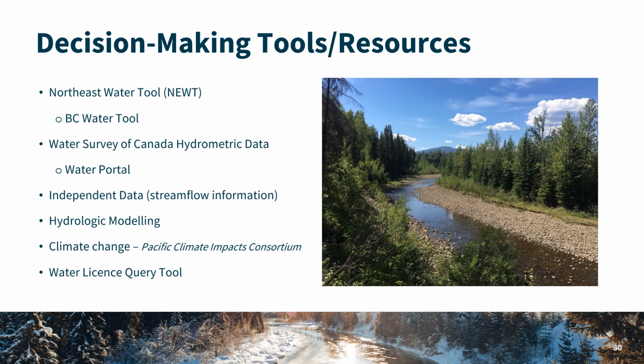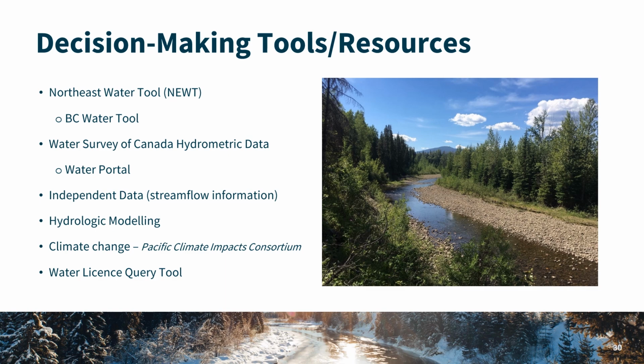The Water Survey of Canada hydrometric data is fantastic for getting that well-trusted source of data for those stream systems that are monitored. This is also summarized really well in the water portal. Also, often proponents will conduct independent streamflow measurements so that they have that data available in areas where it isn't available, that they can then provide and really aid their application.